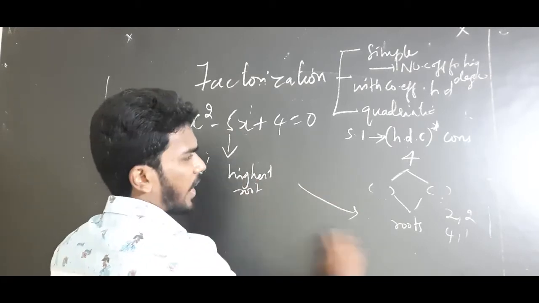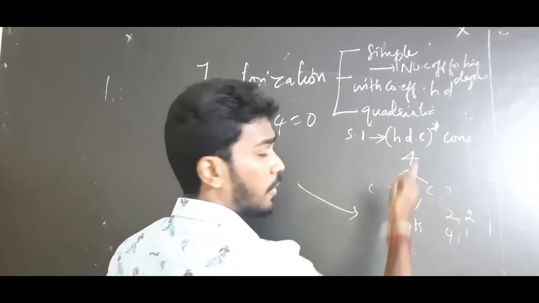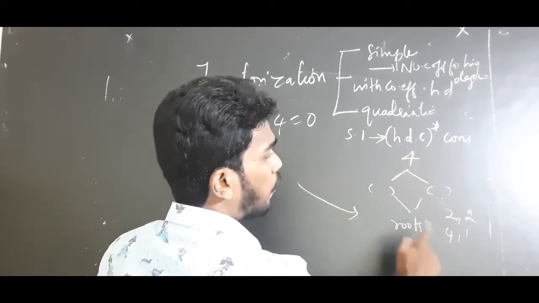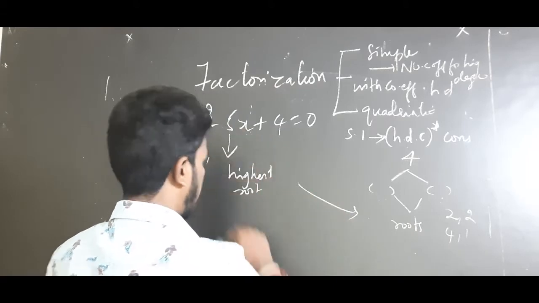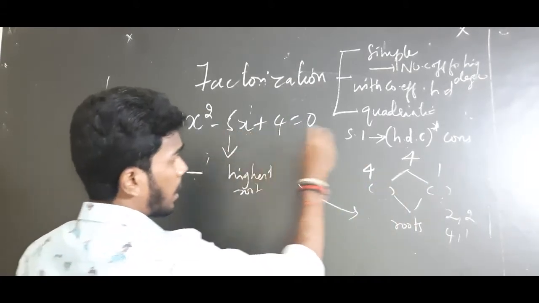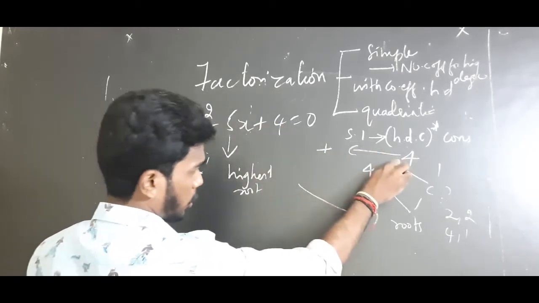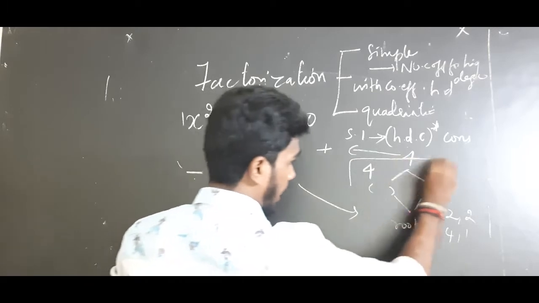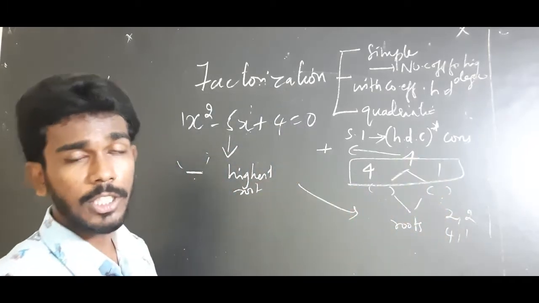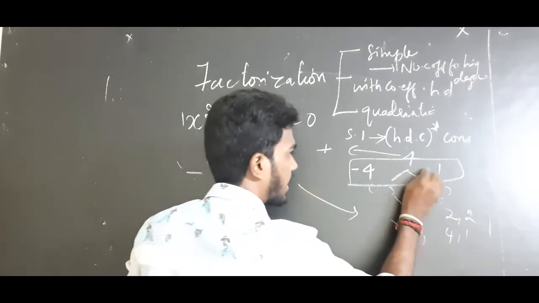To make it 5, 2 will never make 4. Will never make 5, but they can give 4 as a result. Then 4 and 1. 4 and 1 on adding, I will get 5. So 4, 1. But the result should be negative. At the same time, the product should be positive. The product of this 1 and 4 is positive 4. But doing any kind of addition or subtraction calculation, I should make it minus 5. Simple. Put it as negative, negative.